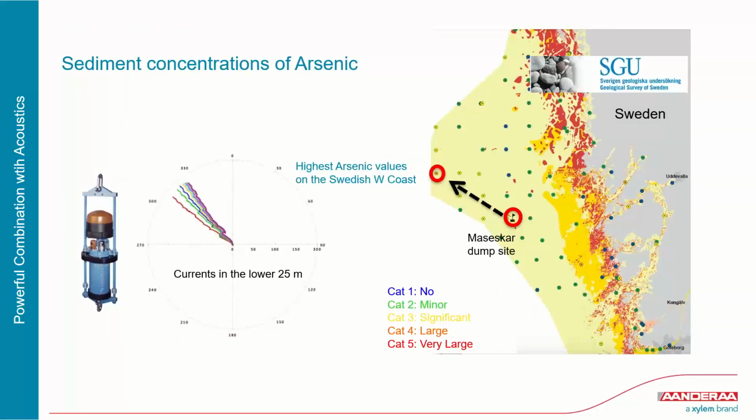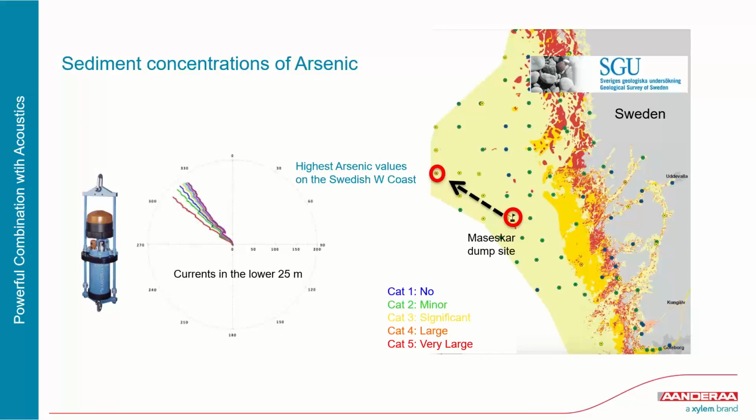If we look at the map on the right-hand side, this is a map of how much arsenic there is in the sediments, created by the Swedish Geological Survey, and each of these dots represents a sample taken in the sediment and analyzed for arsenic.